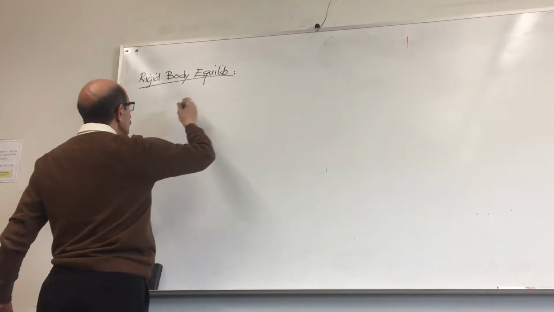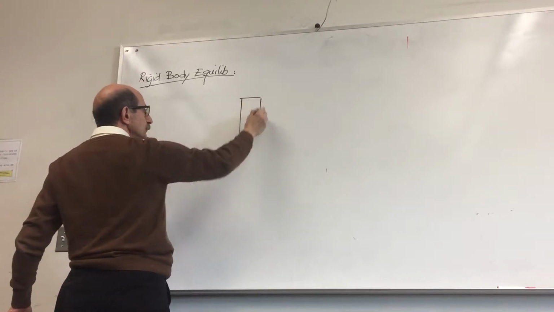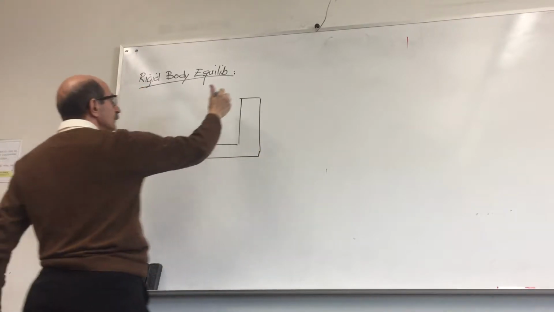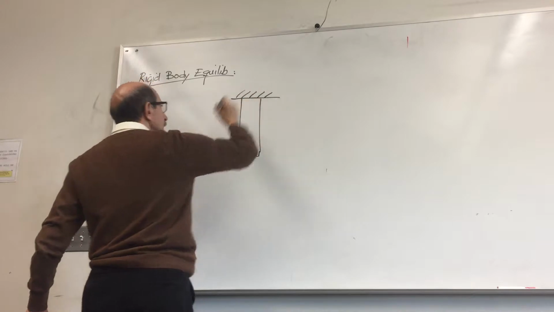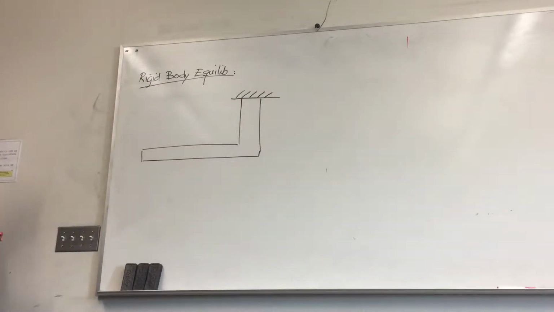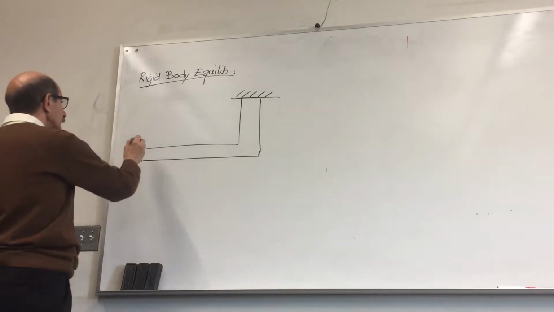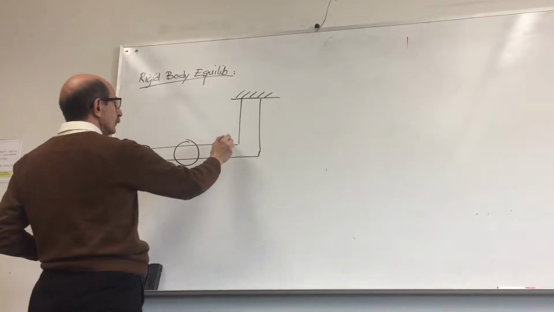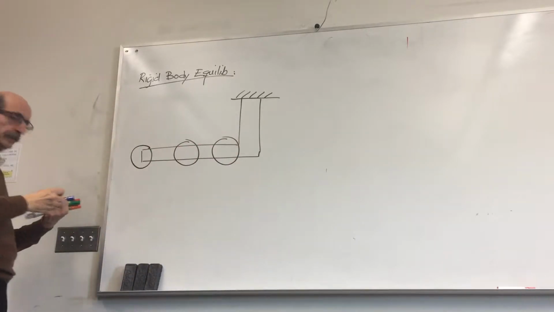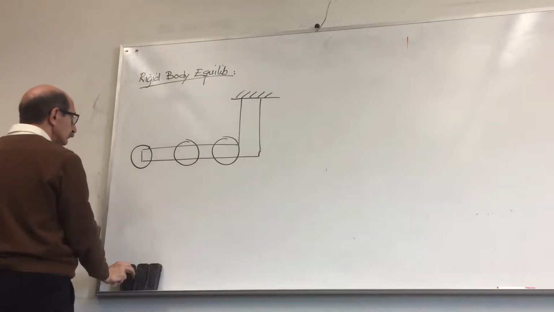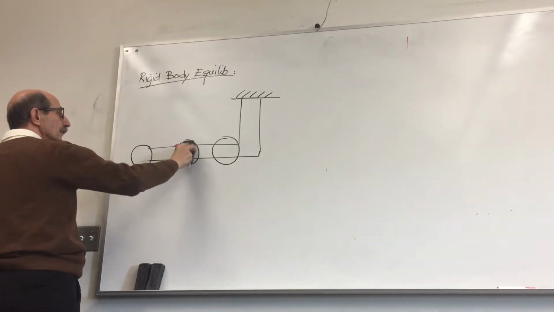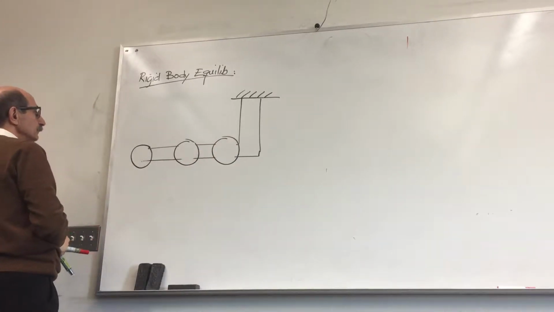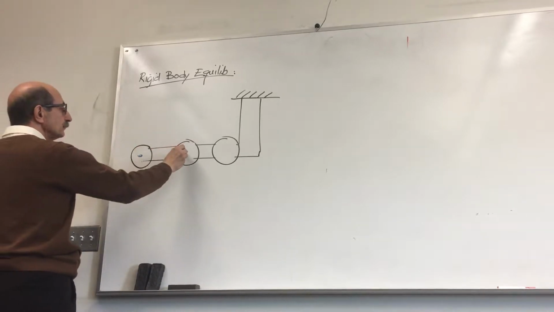So let's do a problem. This is an example that I want to do. Let's say you have a structure that is like this, and you have three pulleys that are attached to this structure. You have a connection here and here.